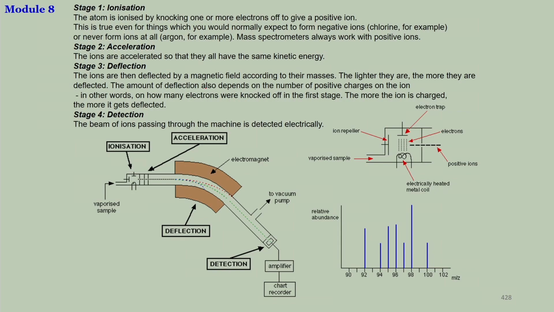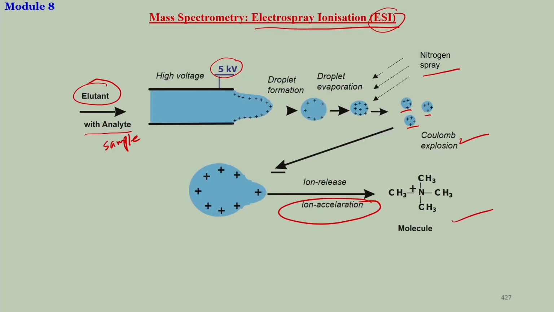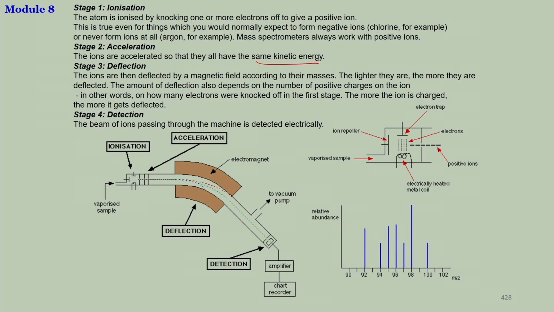So, I have made a mistake, I guess. The ion accelerator is the chamber where all ions will have equal velocity, the same kinetic energy. Then comes the deflection. The ions are deflected by a magnetic field according to their masses. The lighter they are, the more they are deflected.